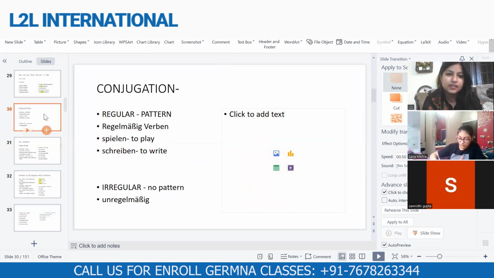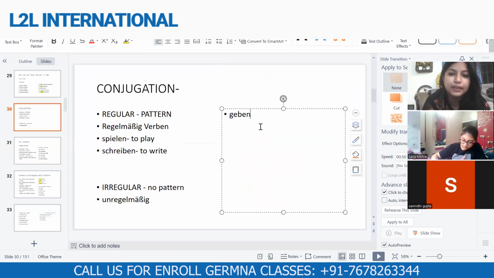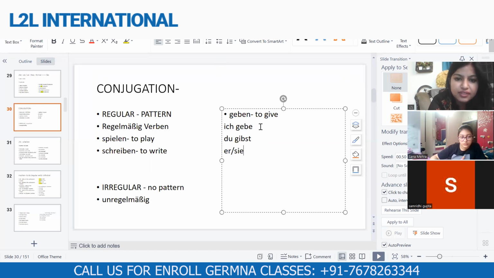An irregular verb, which I remembered right now, is geben. Geben means to give. This is a completely irregular verb. How? Let's see the conjugation. Ich gebe, du gibst. Then sie, es gibt. Ihr gebt.